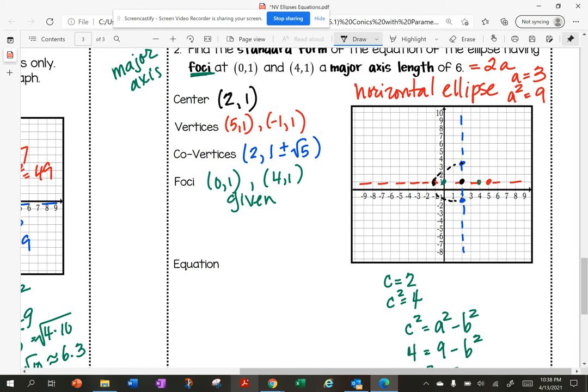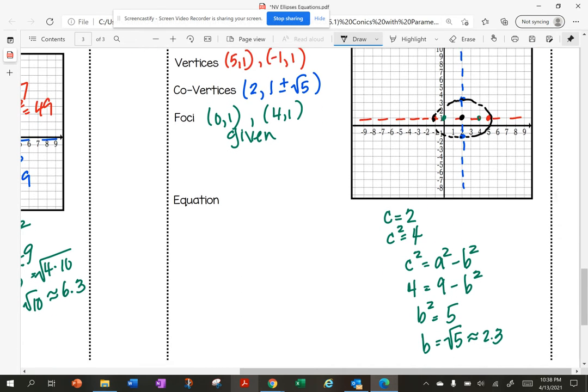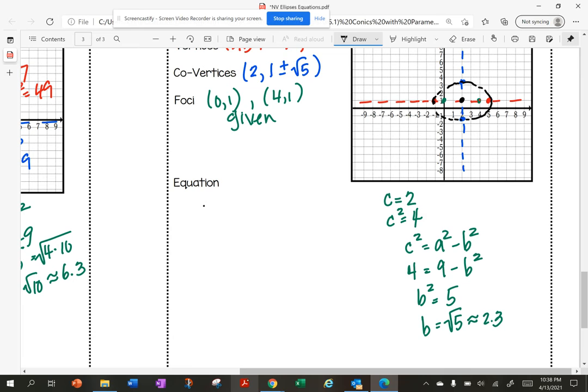Okay, so here is my ellipse. So my equation, since I'm horizontal, I know my equation is x minus h quantity squared plus y minus k quantity squared. Since I'm horizontal, a squared is under the x coordinate, b squared is under the y coordinate.